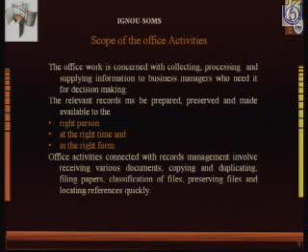The relevant record must be prepared, preserved and made available to the right person at the right time and in the right form. This is a very important thing, because technology, no doubt, everything has pros and cons. If the technology has a plus point, it has a negative point also.